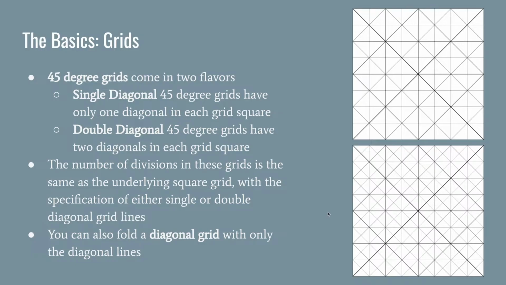And by the way, pro tip, I would recommend folding all directions of grid lines as you work through, okay, halves, quarters, eighths, whatever. Make sure to be folding those diagonals as you're folding the background square grid, unless, of course, you're folding a diagonal grid that is offset from the center where the diagonals don't go through the center. That is the only situation where I'd recommend waiting to fold all the diagonals at the end.